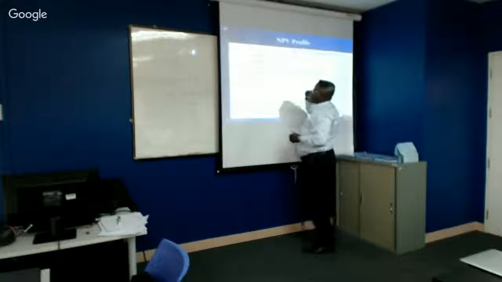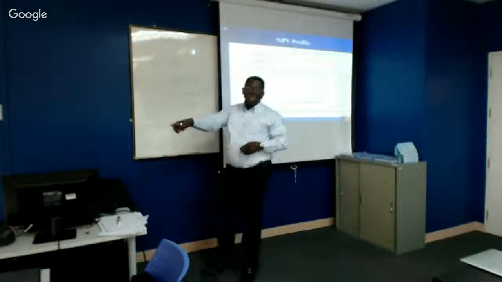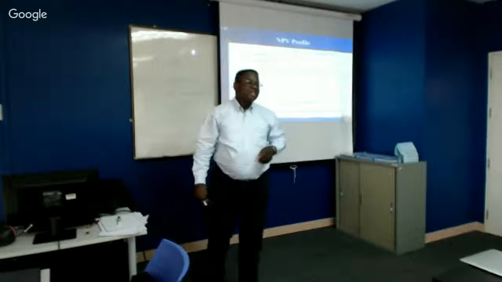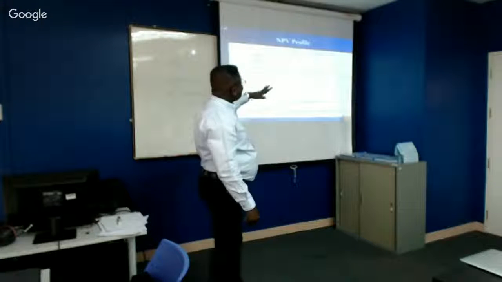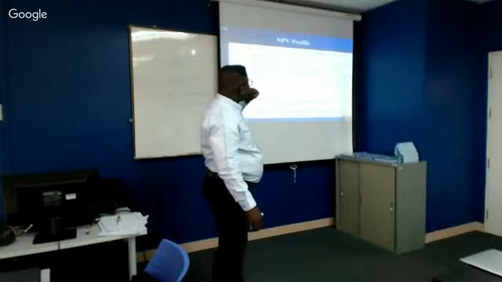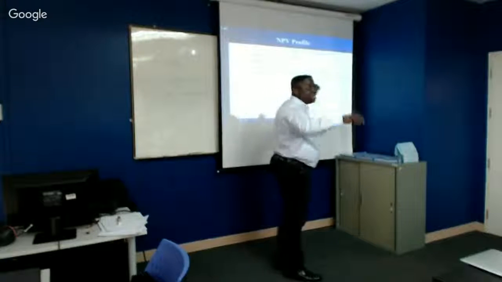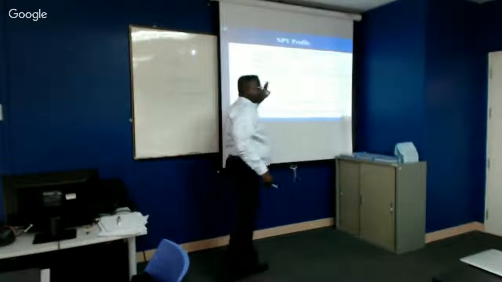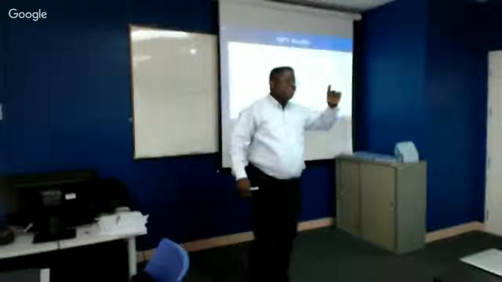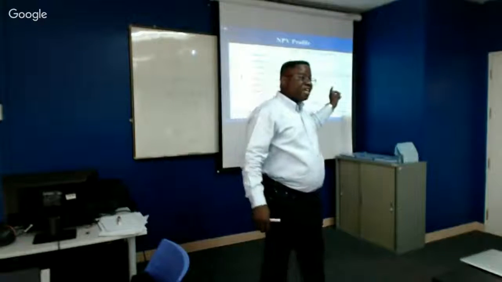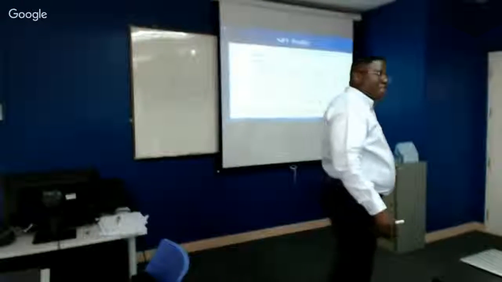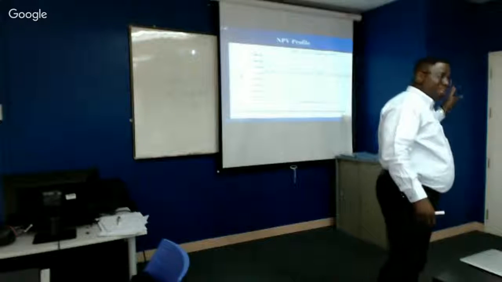Now, I deleted one or two slides from it. If you do the calculation, you realize that the internal rate of return gives you two values, because of the cash flows you saw: 100,000, 132,000, 100,000, and minus 150,000.